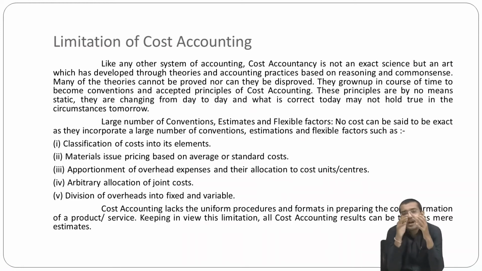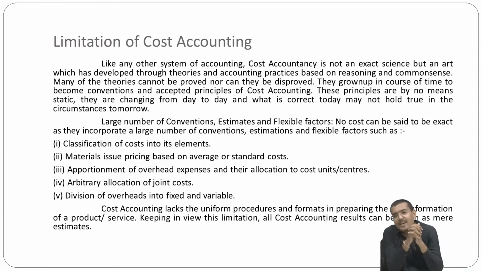So cost accounting lacks a uniform procedure and format in preparing the cost information of a particular product or service, and keeping in view these limitations, all cost accounting results can be taken as mere estimates.